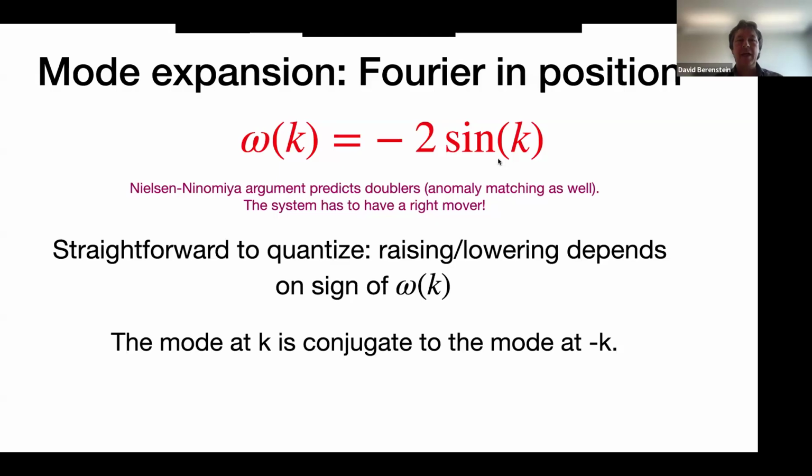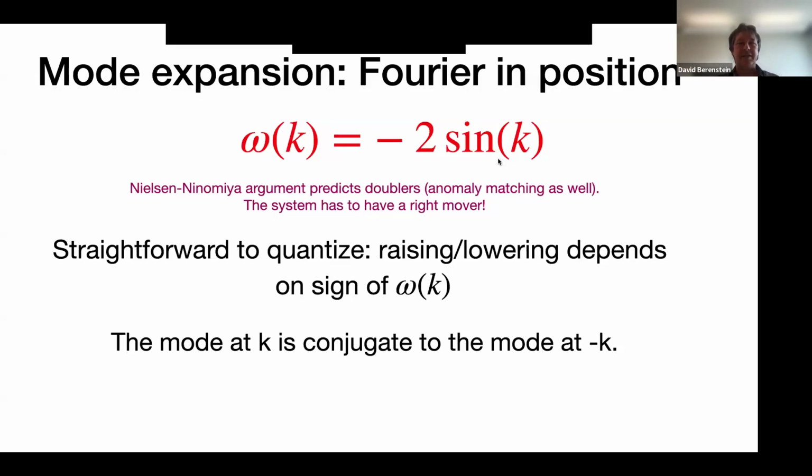If you actually do the mode expansion, so you do Fourier decomposition, you can determine completely the dispersion relation. So the frequency as a function of k is minus 2 sine of k. Really important thing is that since we had a first order differential equation, omega is a single valued function of k. The minus 2 sine k is just what we get.